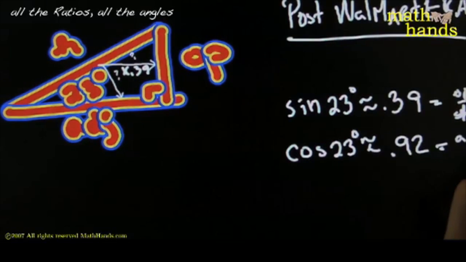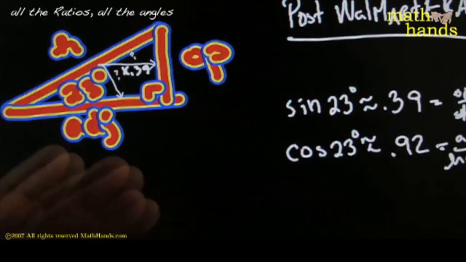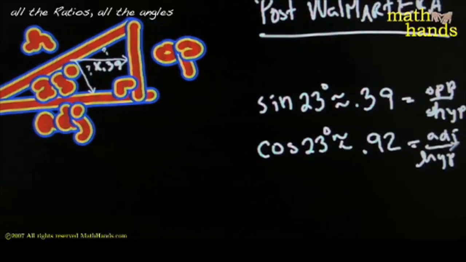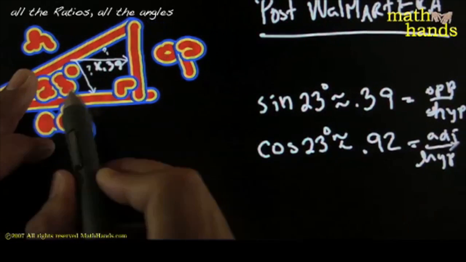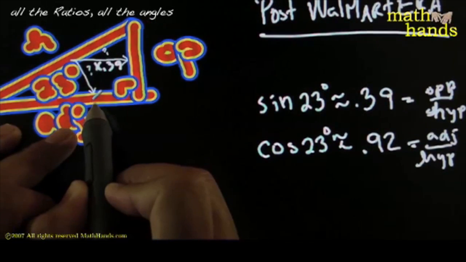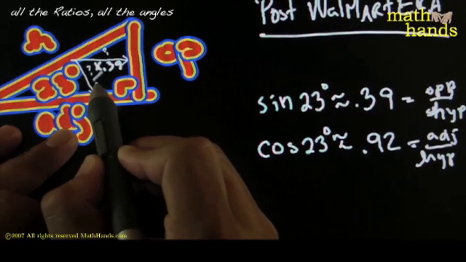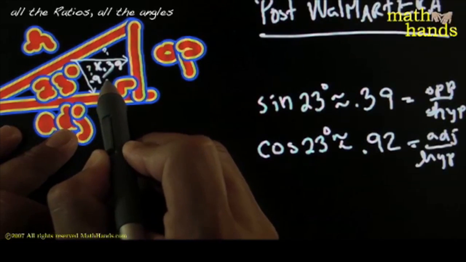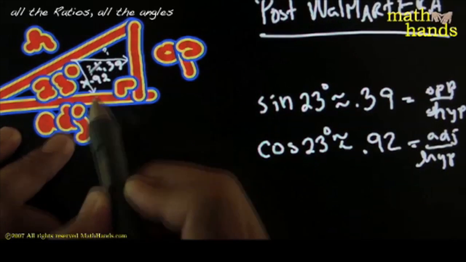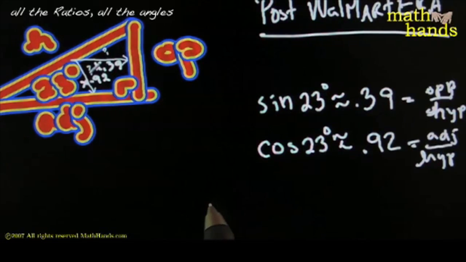This is the ratio of adjacent to hypotenuse. What exactly does that mean? Well, that means that the adjacent is approximately 92% of the hypotenuse. So to go this way, you would multiply by 0.92. That is, you multiply. Okay?